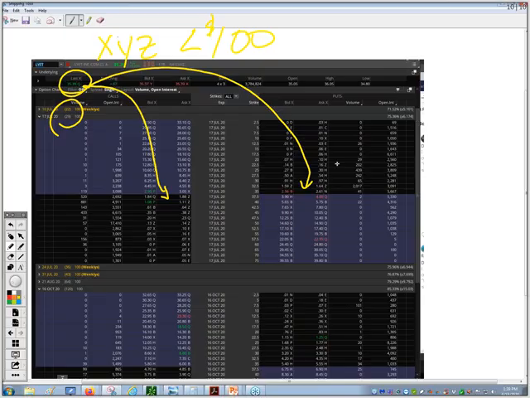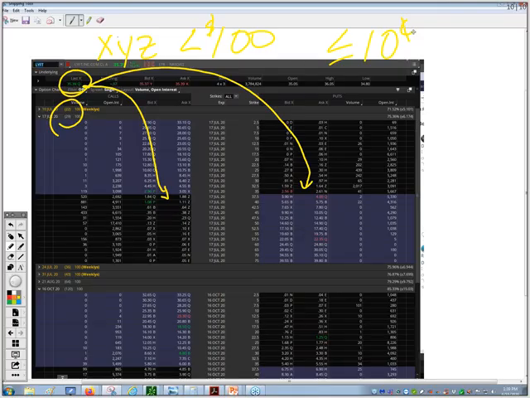You don't even have to change away from the delta gamma montage. You can immediately look at this rule and say, all right, it's a less than $100 stock, I need the bid offers to be less than or equal to 10 cents wide. Everybody see that okay? I think that's showing up pretty good.